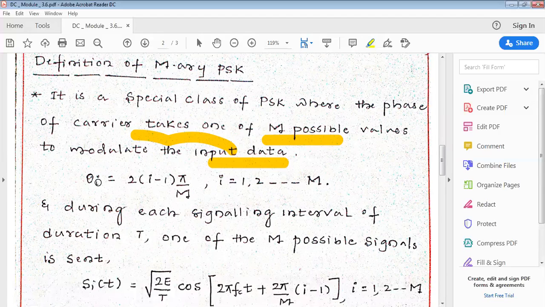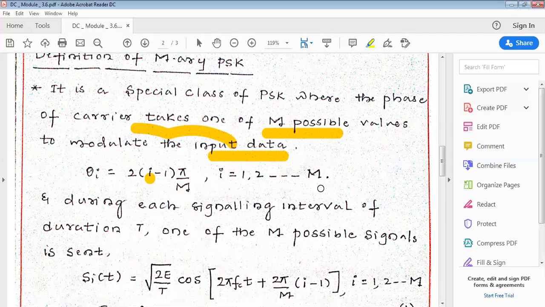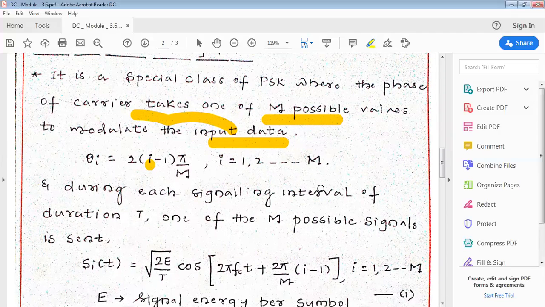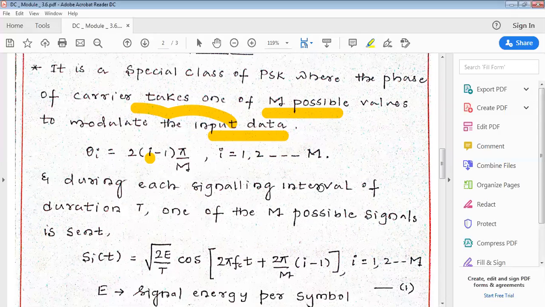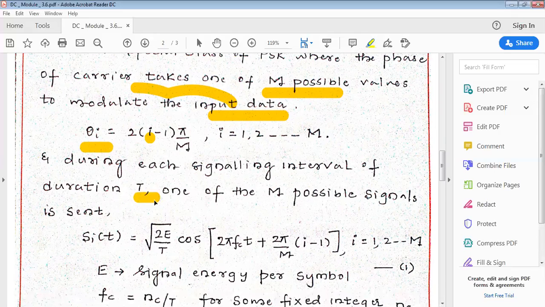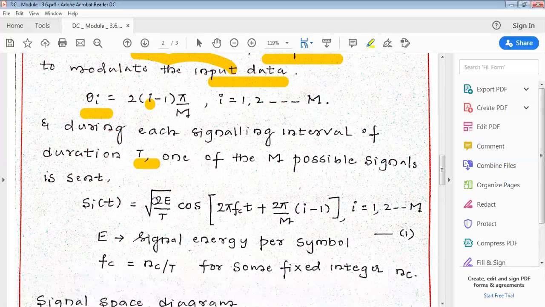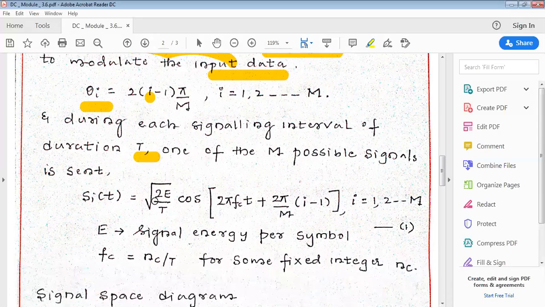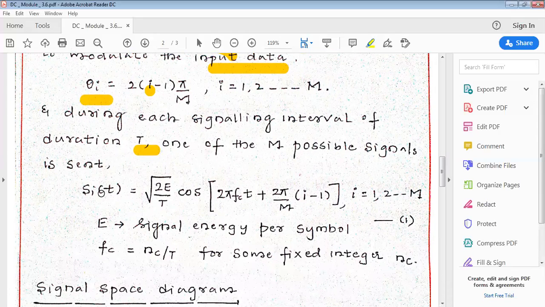The phase shift theta i is equal to 2 times (i minus 1) times pi divided by capital M, where i is equal to 1 to M. So you get M different combinations of symbols, and for those symbols the phase shift is given by theta i by this expression. During each signaling interval of duration capital T, one of the M possible signals is sent, right? For example, if i is equal to 1, then you have to transmit s1 of t for the duration Tb.